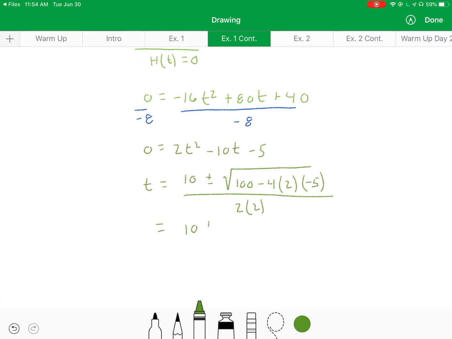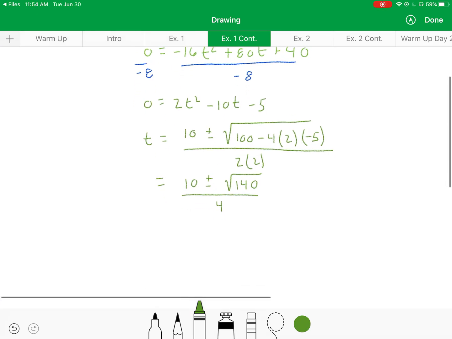Simplify that to 10 plus or minus the square root of 140 all over 4. And then I'm just going to approximate that. So if I did 10 plus the square root of 140, then divided by 4, I'm winding up with 5.46 approximately, and that's seconds.